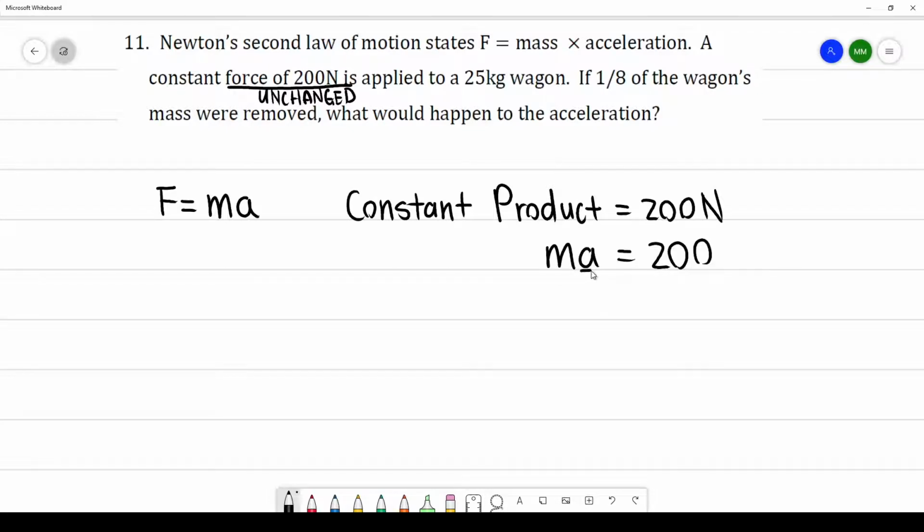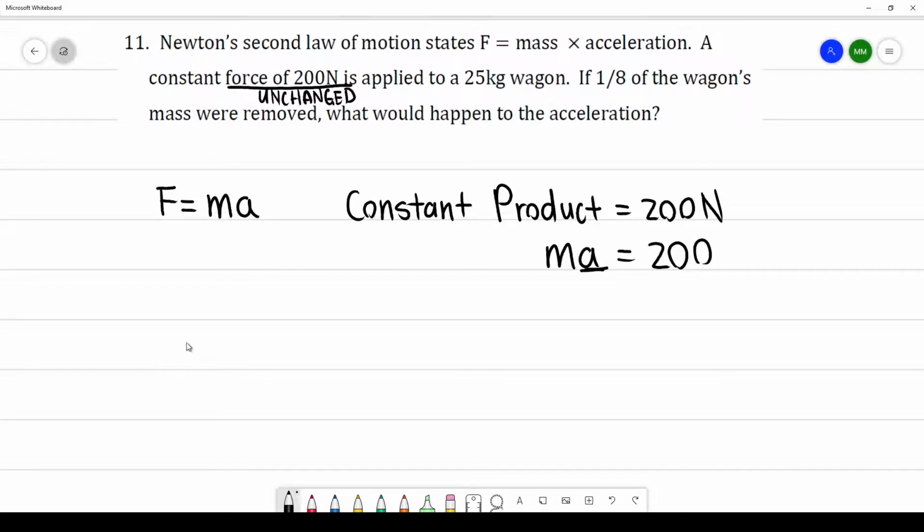So we want to find the acceleration, we need to know the mass. Okay, so what's the mass? Originally it was 25, but now 1/8 of the mass was removed. So how much mass is removed? Notice it didn't change by a factor of 1/8. That's the difference. 1/8 was removed.